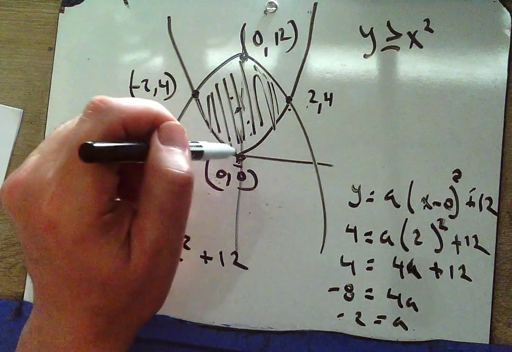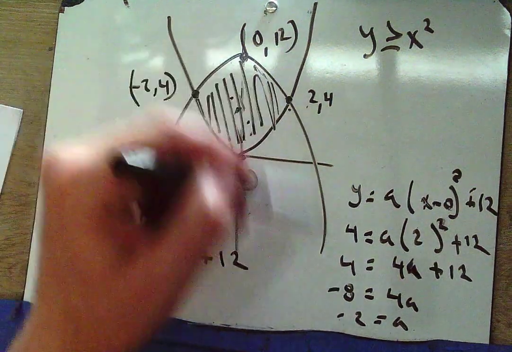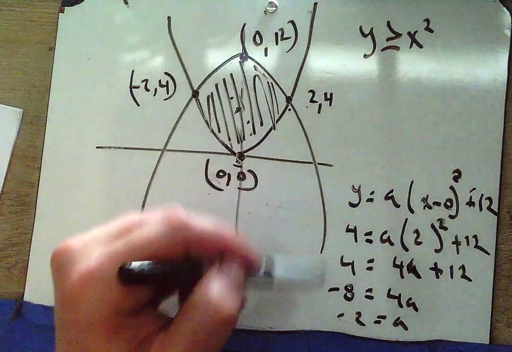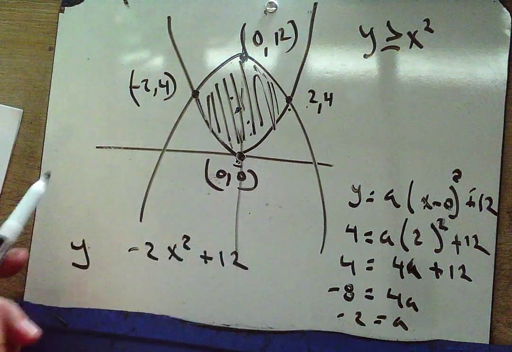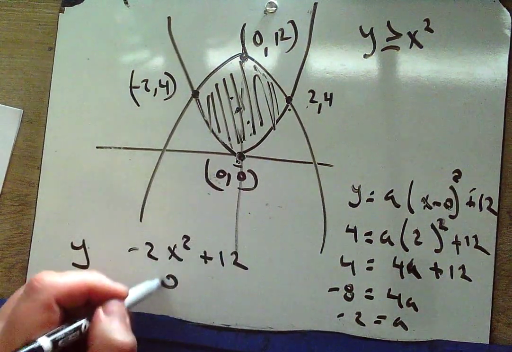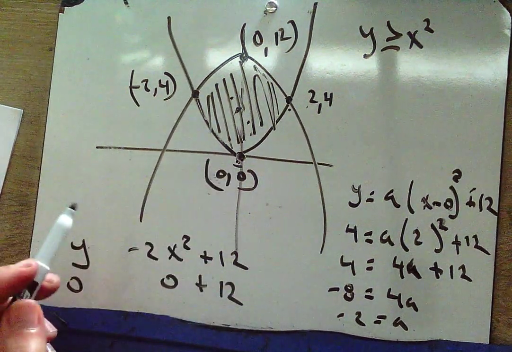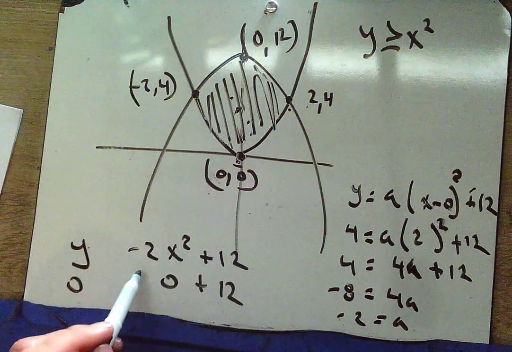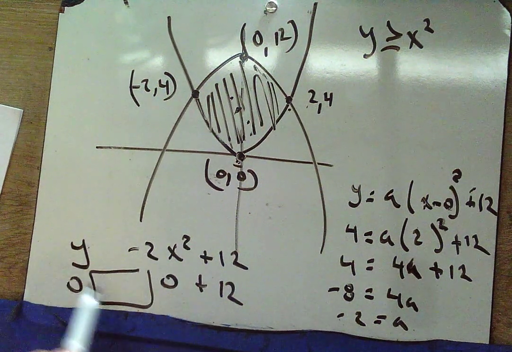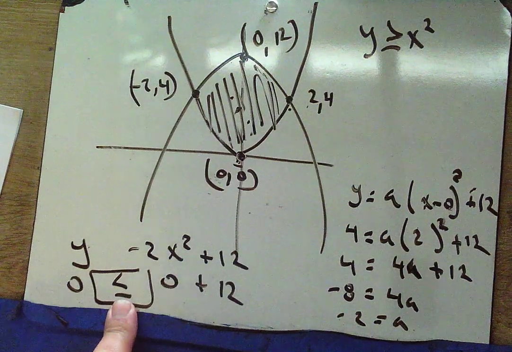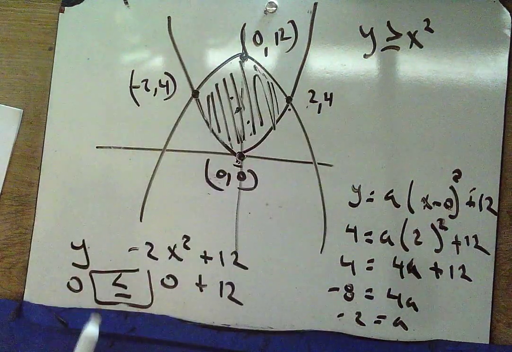Now, I know that inside this parabola is a yes. I know that (0, 0) can be tested for this parabola. I plug a 0 here and a 0 here. I get that. And I want (0, 0) to be a yes. So I want to put an inequality here that makes this be a yes. And there it is. Don't forget, this has got to be there because this is a solid line.